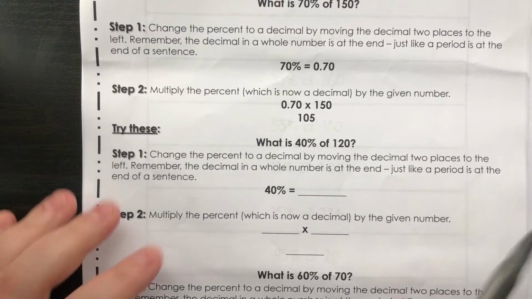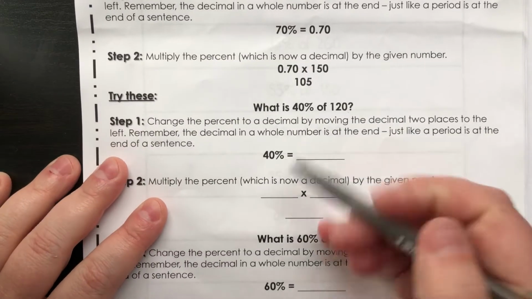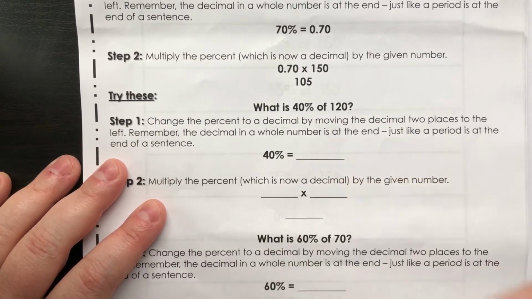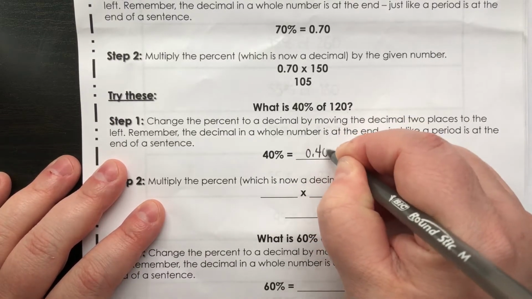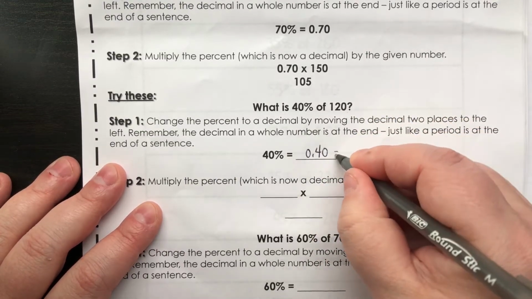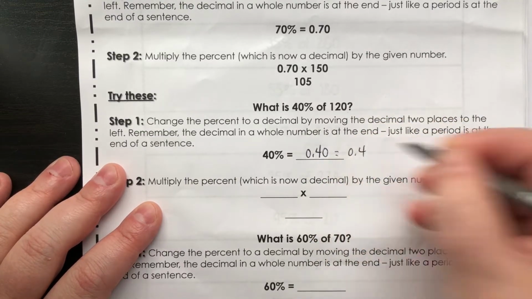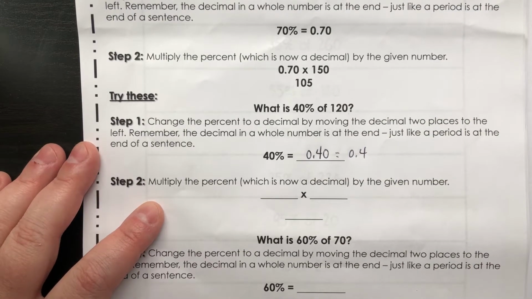The first one we have is 40% of 120. So we change 40% to the decimal version, 0.4 or 0.40, these are the same thing. Just don't forget that, okay? And then we multiply because of means multiply.